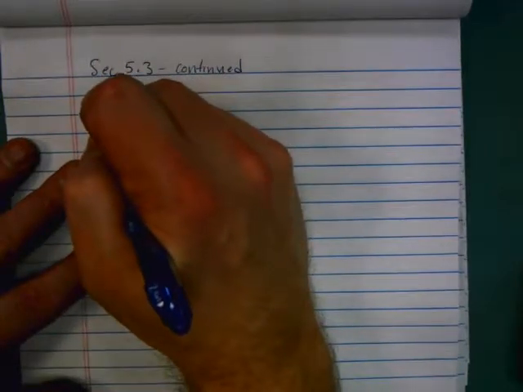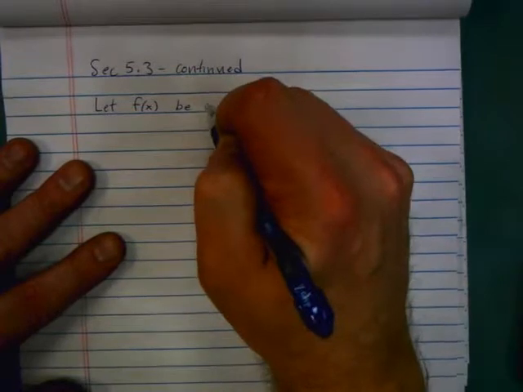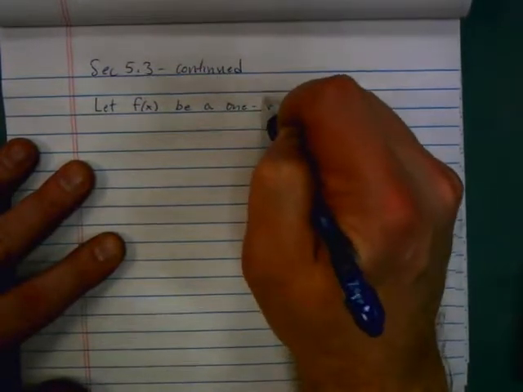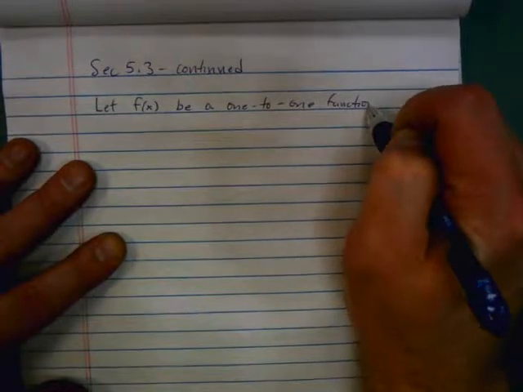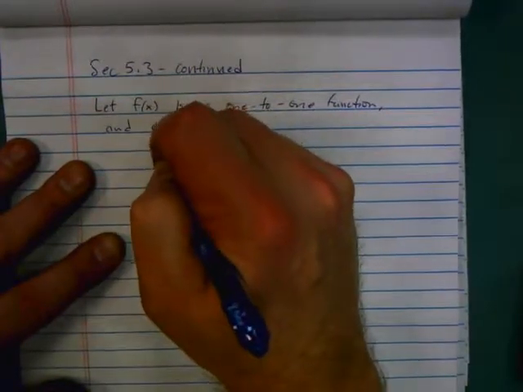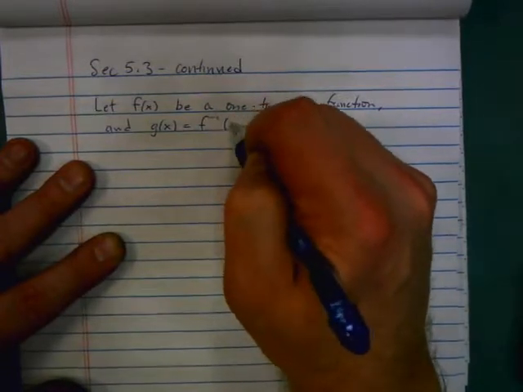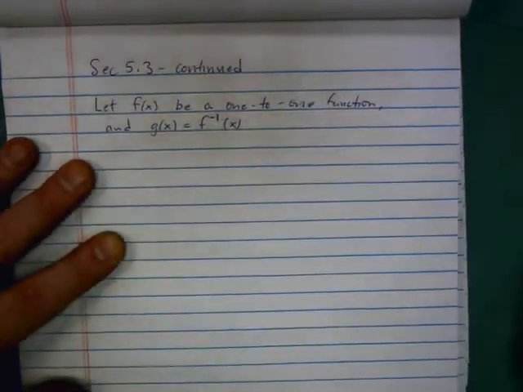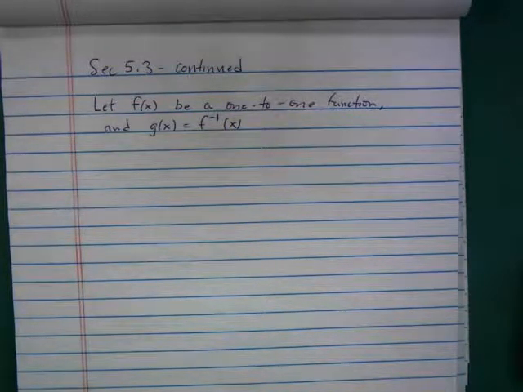And we had this: let f of x be a one-to-one function, and g of x its inverse. That gave us a formula.